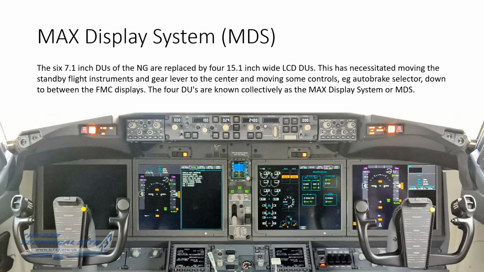So that necessitated moving a lot of stuff around. The standby flight instruments and the gear lever got squished to the center, and various other controls and selectors went down in between the FMC displays. Those 4 DUs are known collectively as the MAX Display System, which in your FCOMs is the MDS.